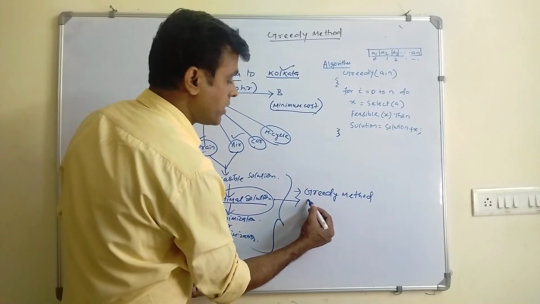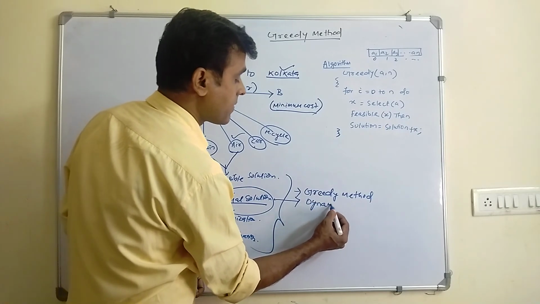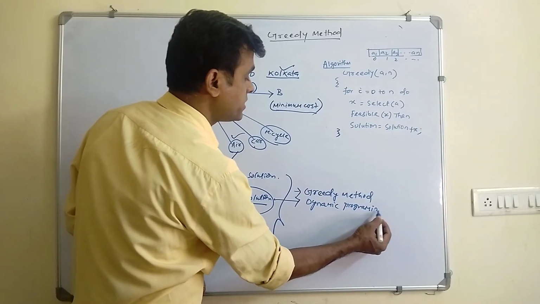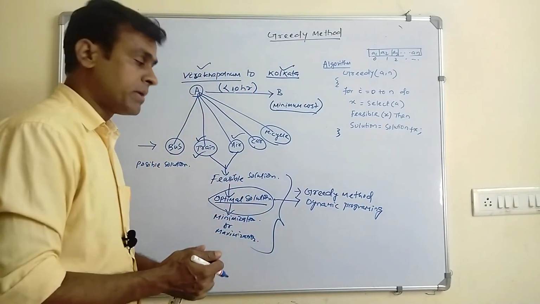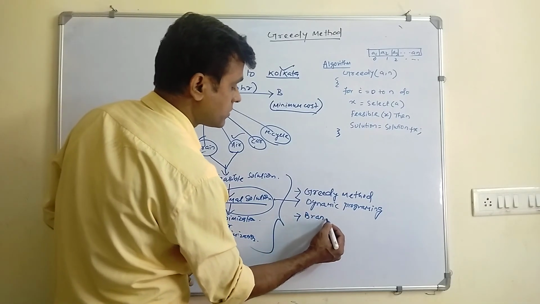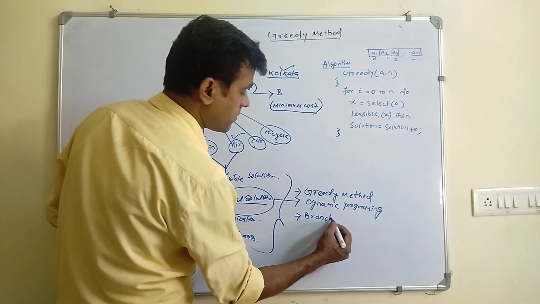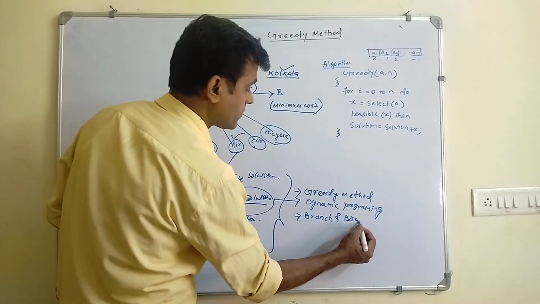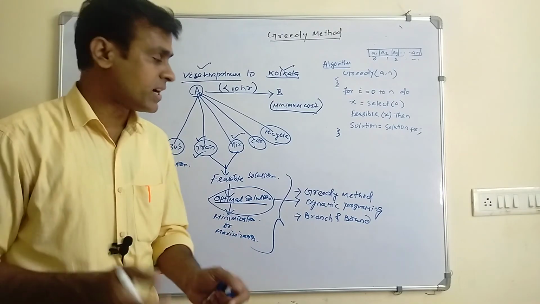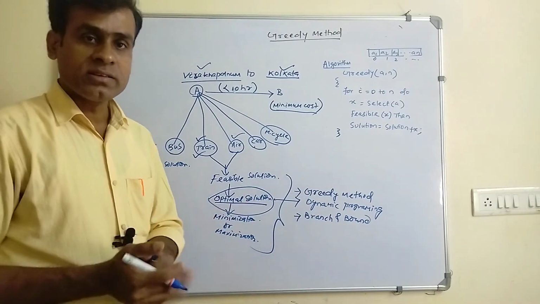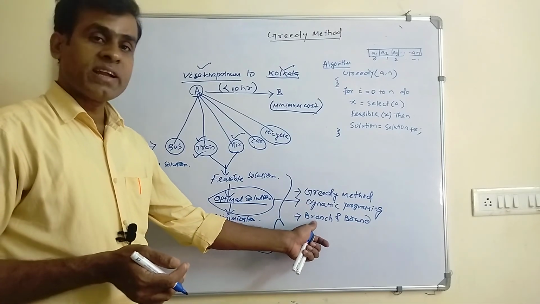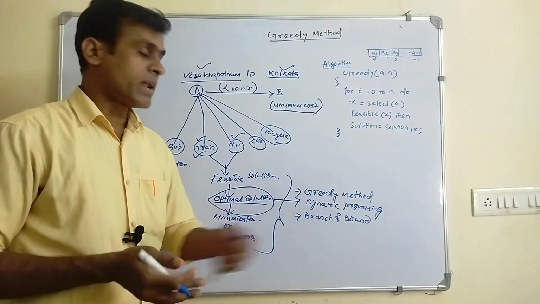Another one is dynamic programming, which is also one of the methods to find the optimal solution. Another one is branch and bound. We will go through each and every topic, and the different kinds of problems solved by greedy method, dynamic programming, and branch and bound.